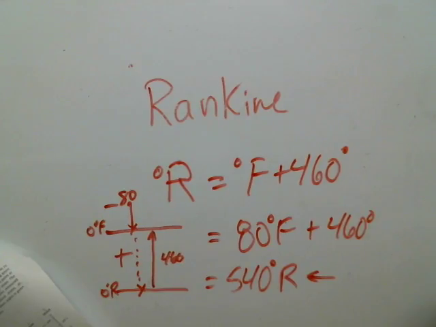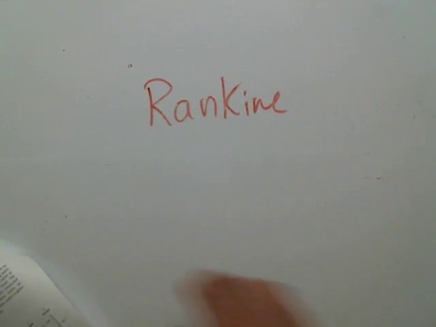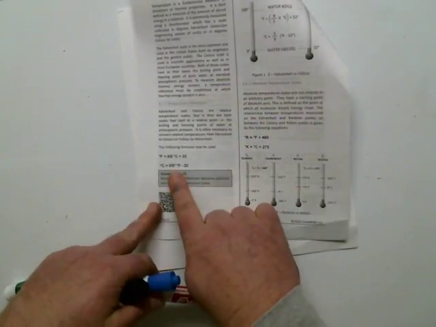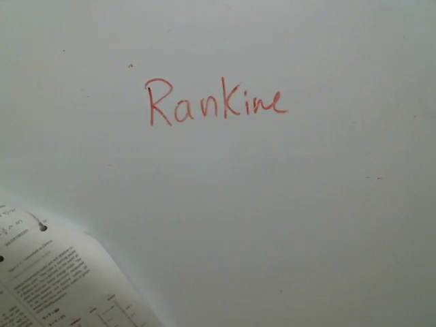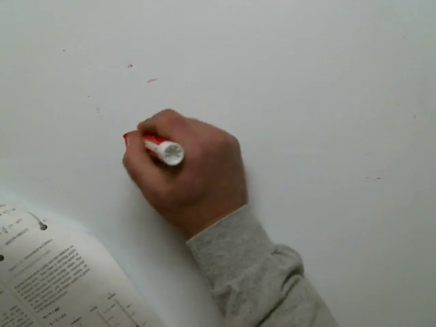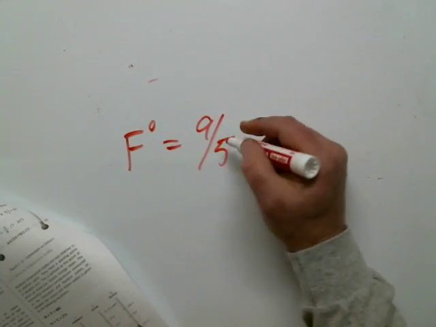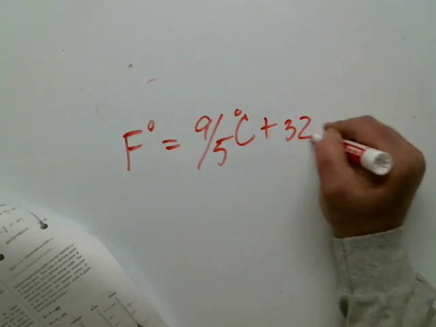We can also convert between Celsius and Rankine. Celsius, obviously, not something we in the United States have adopted very much, but this is how we convert the two. It's on your equation sheet for the NRC. If you want to convert between the two, you'll see that Fahrenheit is equal to 9/5 times whatever the Celsius is plus 32.